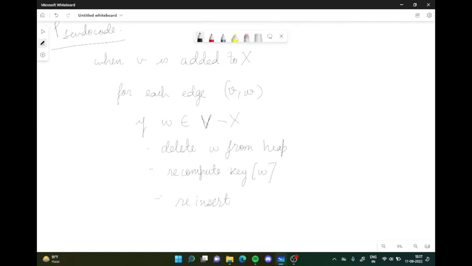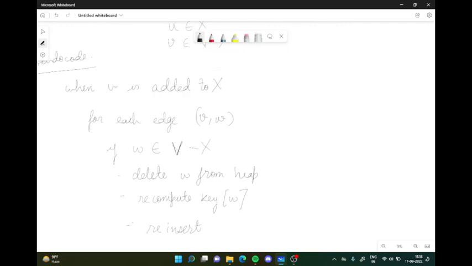And why are we only looking at the vertices which are incident on v? For example, this is our graph, and this is the one right now with the cheapest edge, and this is how it's connected to this. Whenever we are adding this to our graph, the only thing that has changed is with respect to this vertex.